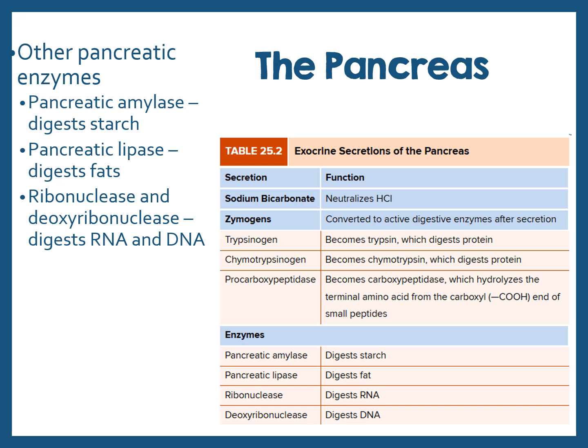And then there is pancreatic lipase that digests fats. So that will break down fats into their monomers or building blocks of glycerol and fatty acids. And then there's one we don't talk about as much called ribonuclease and deoxyribonuclease. These are enzymes that are going to break down nucleic acids like DNA and RNA into their nucleotides.